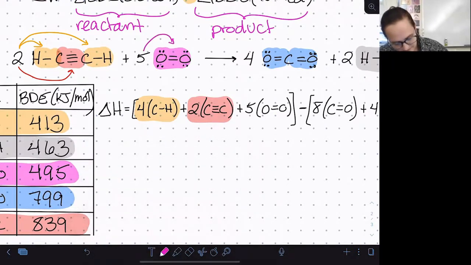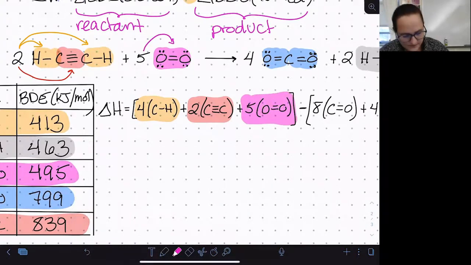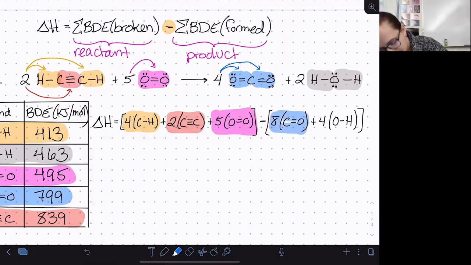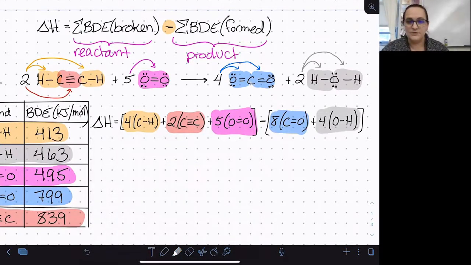We have 5 oxygen-oxygen double bonds. We have 4 moles of CO2, 2 bonds in each. 4 times 2 gives us 8 in total. And then we have 2 moles of water. Each one contains 2 OH bonds, 2 times 2 for a total of 4.